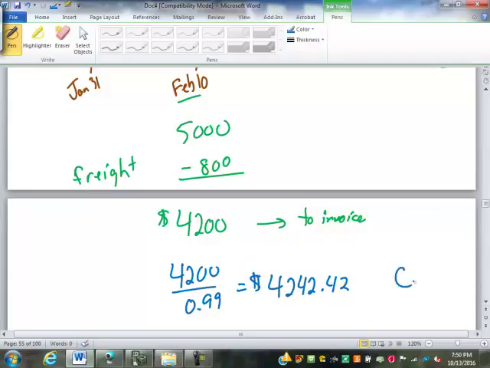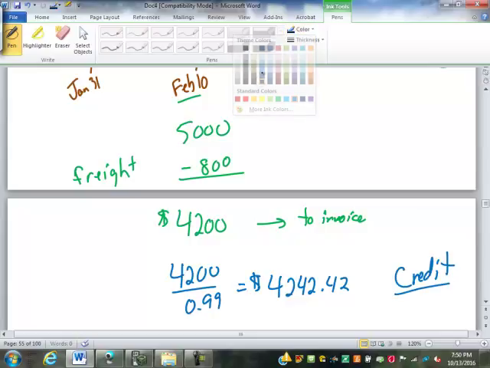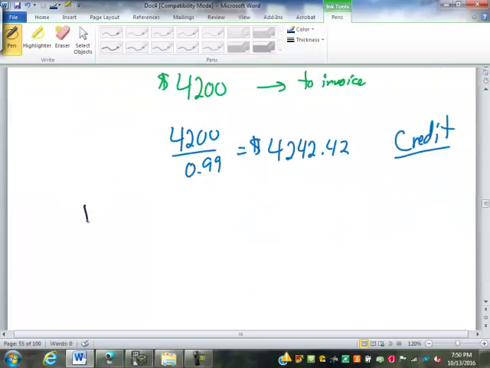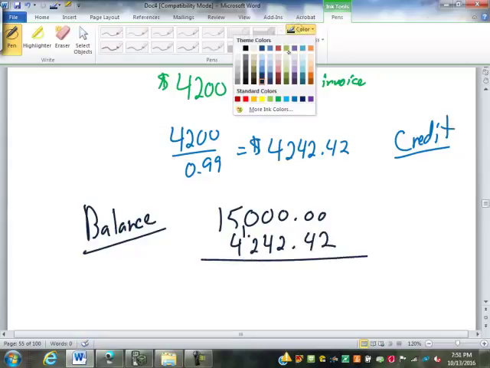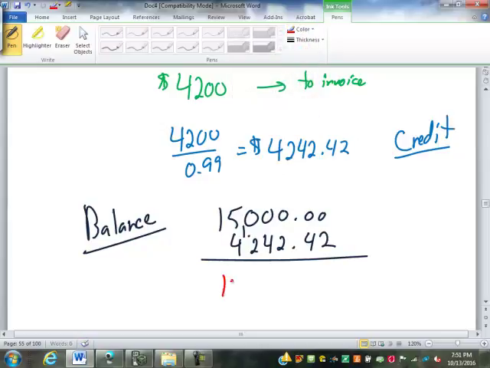That is our credit. And the balance, you got it, 15,000 minus 4,242.42, which gives us $10,757.58. What do you think? Good stuff?